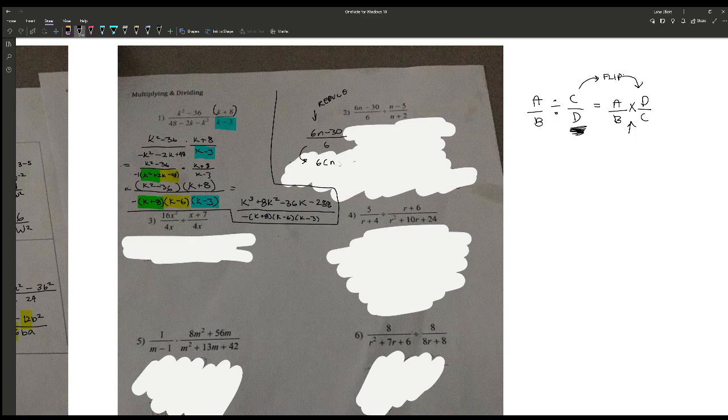Negative 30 divided by 6 gives us negative 5. Over 6 divided by 6, we pull 6 out and have 1 in brackets. So, the 6's cancel. You get n minus 5 over 1.